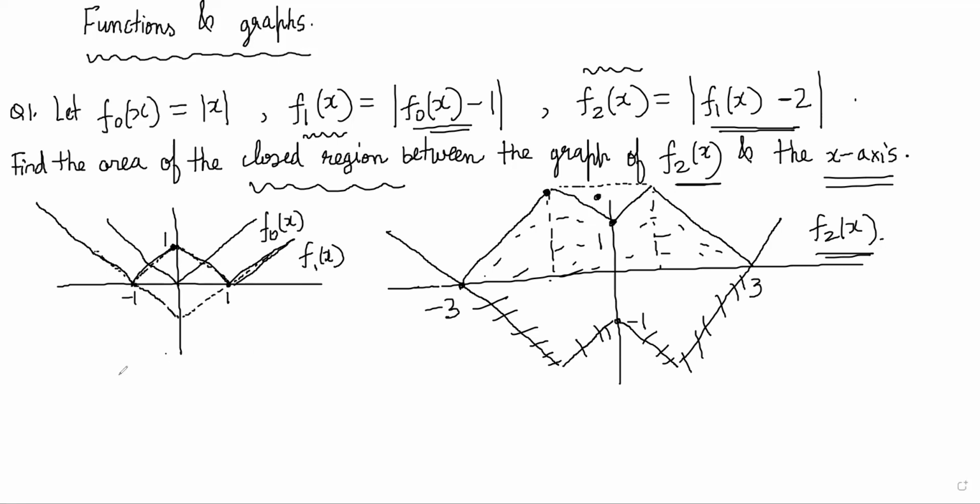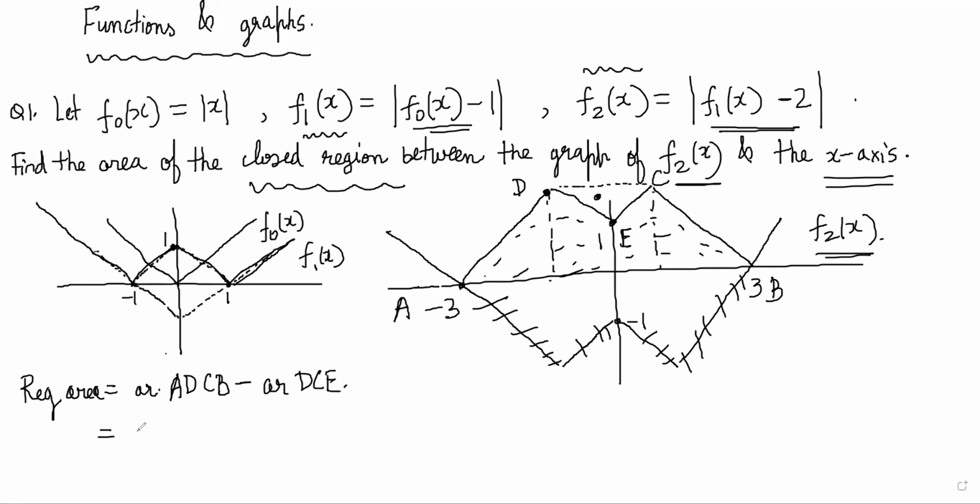If I label it, let's call this A, this D, C, this E, and this B. Required area is basically area of ADCB minus area of DCE.